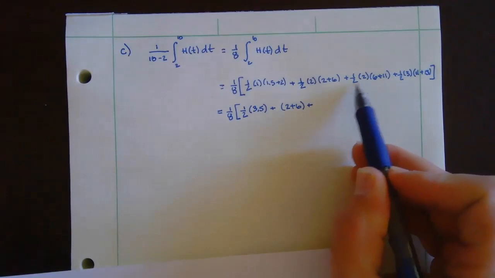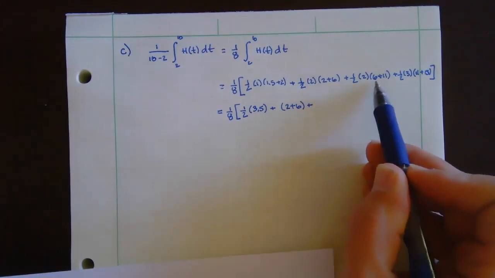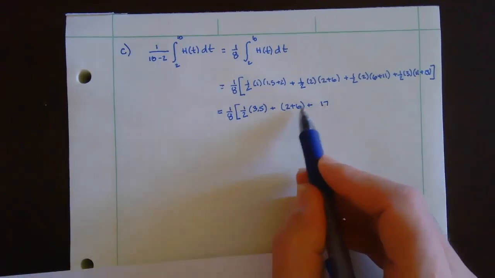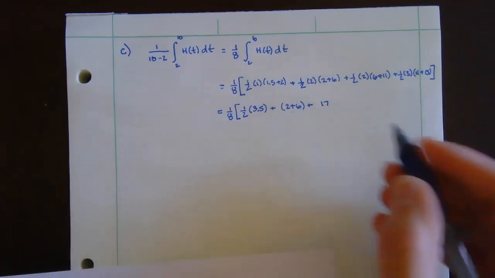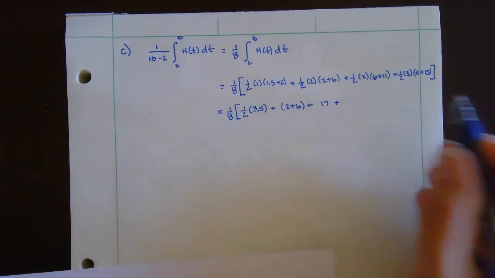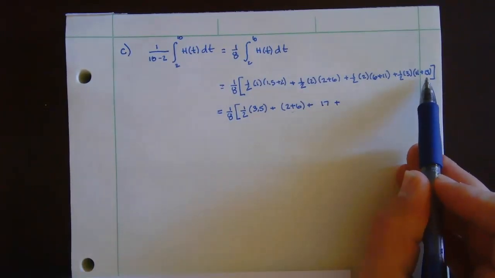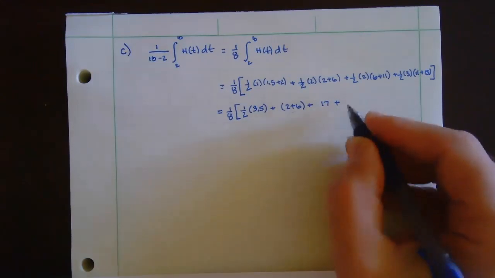Here my half times 2 cancels out again, so this would just be 17. This one's just 8. And then plus 11 plus 15, which is 26, and half of 26 is 13, so this would be 3 times 13.